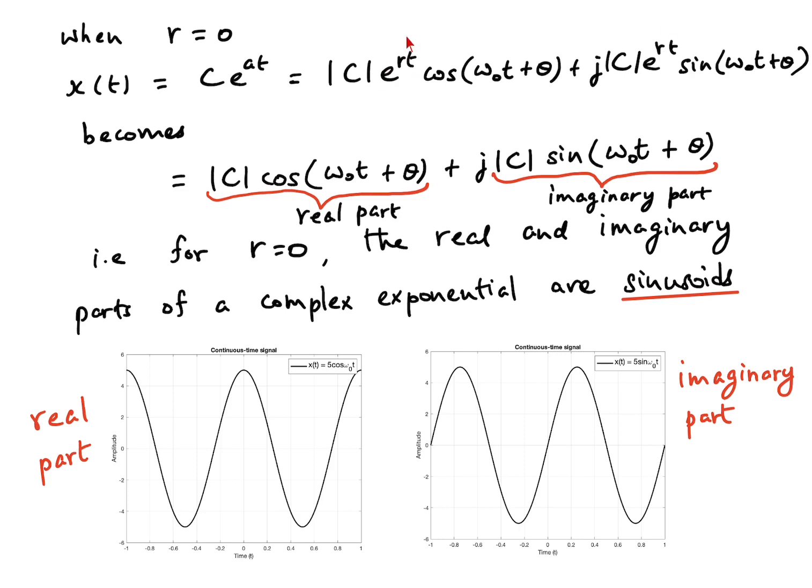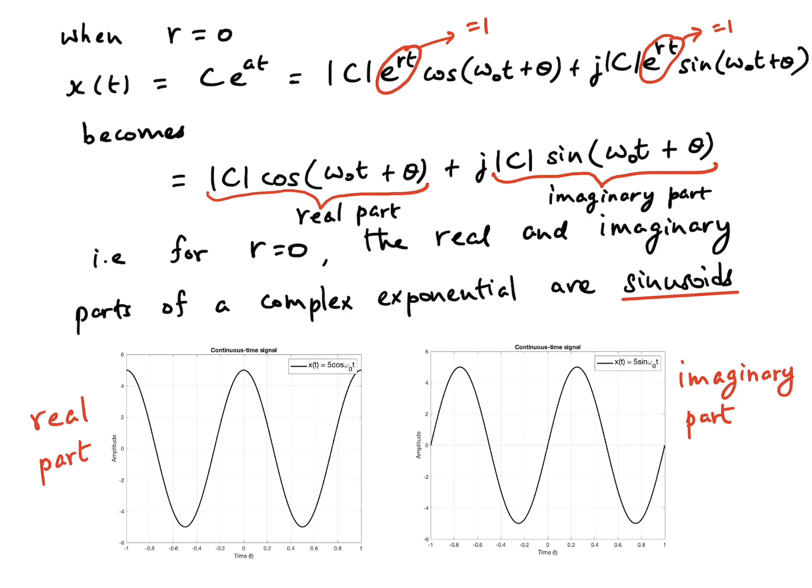So we get simply the magnitude of c cosine omega naught t plus theta, plus j times the magnitude of c sine omega naught t plus theta, because this e power rt becomes equal to 1. So when r is equal to 0, that's equal to 1 in this particular case.